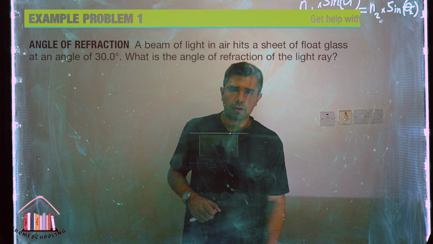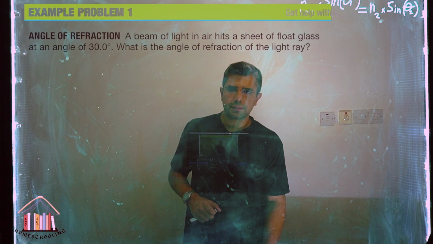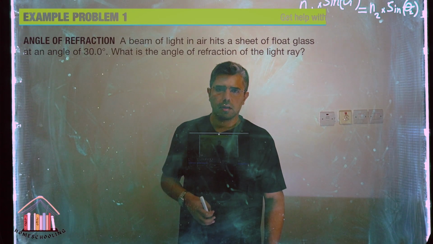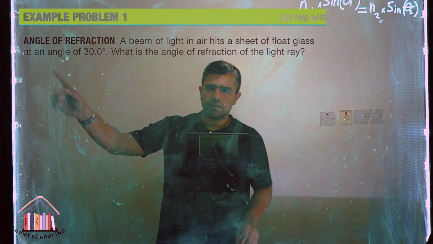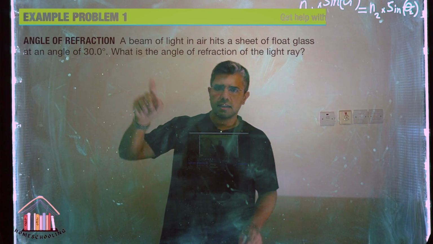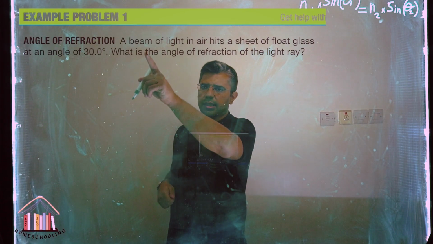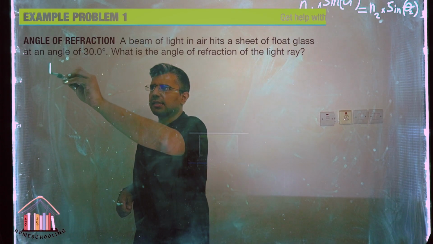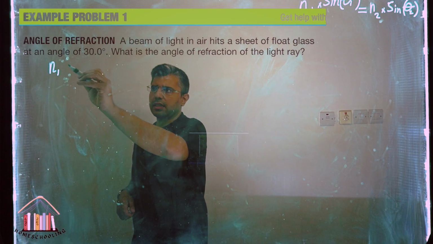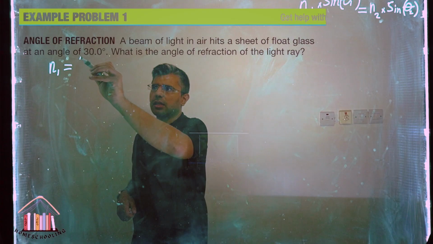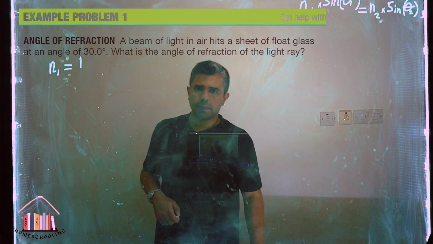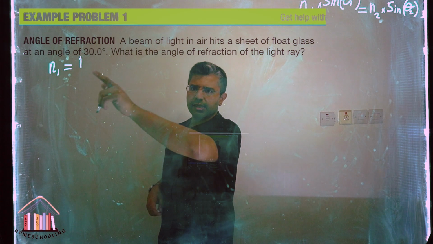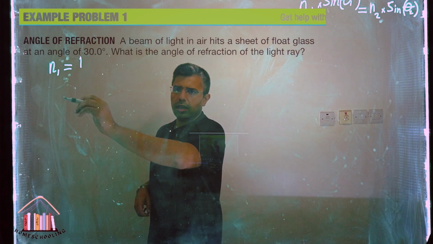Let's talk about this application. Example problem 1: the angle of refraction. A beam of light in air, so n1 of air, if you remember, is approximately equal to 1, hits a sheet of floating glass at an angle of 30 degrees.